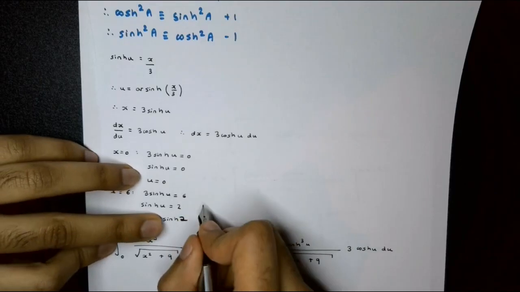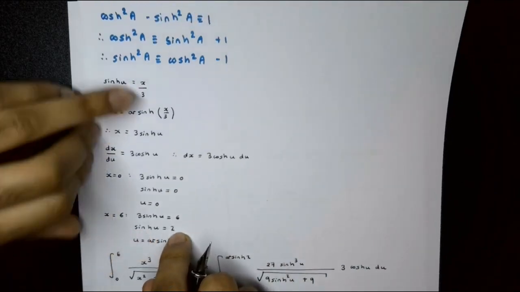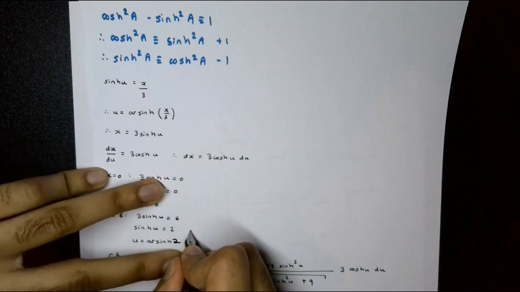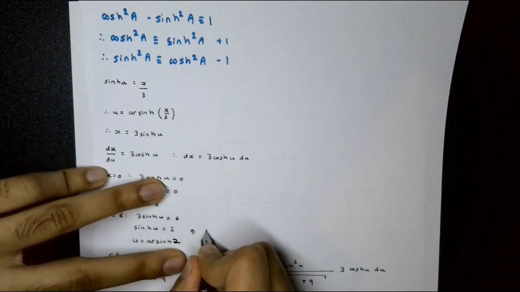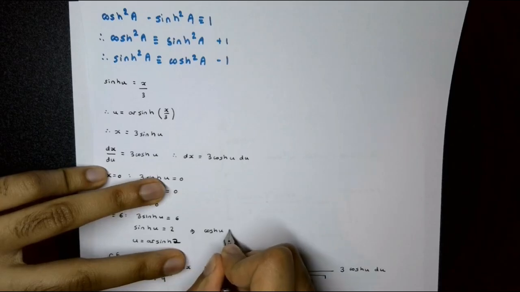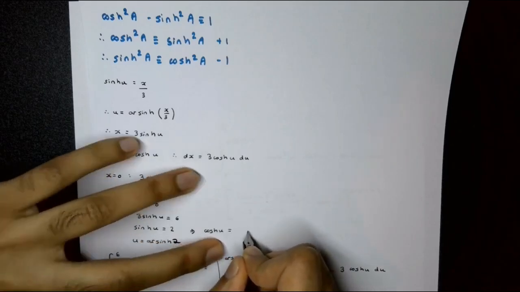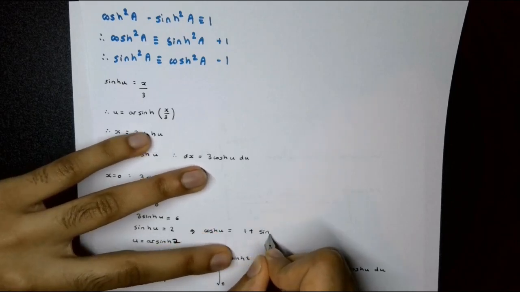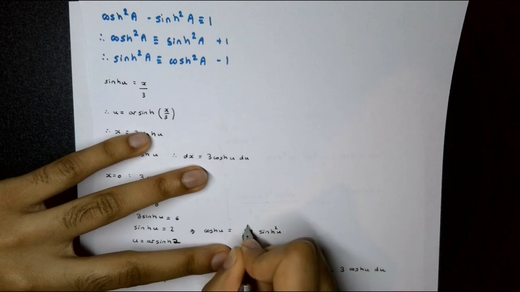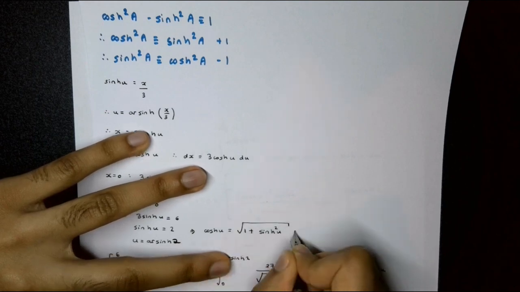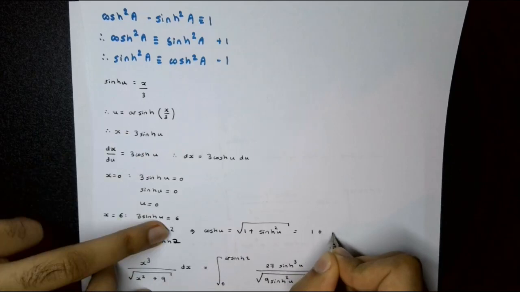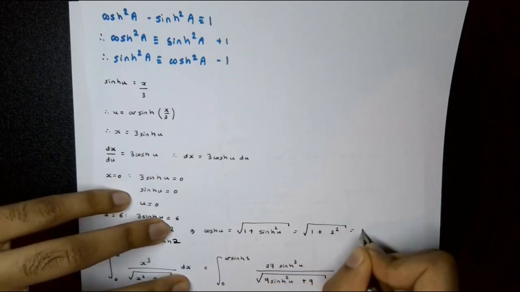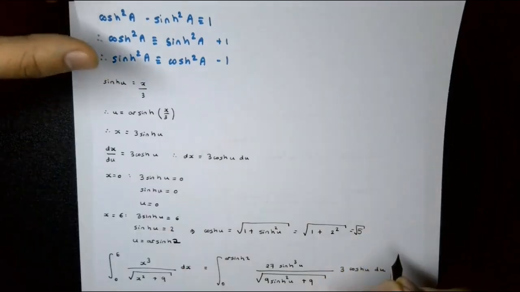So if we do that, we have to use the result over here. So what this implies is that hyperbolic cosine of u is equal to 1 plus hyperbolic sine of u squared square rooted, which is equal to 1 plus, well, here we've got 2 squared square rooted, which is equal to root 5.